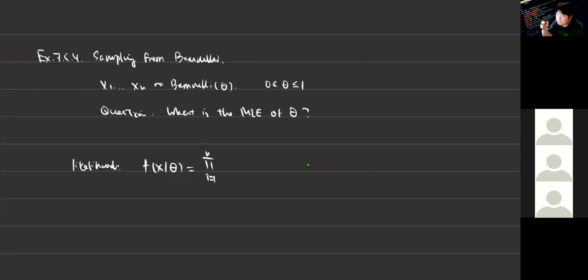In this problem, we're looking at Bernoulli. Bernoulli is a coin toss, right? So we need to write out the mass function for that coin toss, for the Bernoulli distribution, inside of this product. So that means theta^xi (1 minus theta)^(1 minus xi).